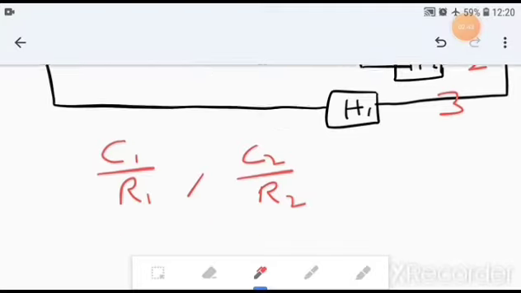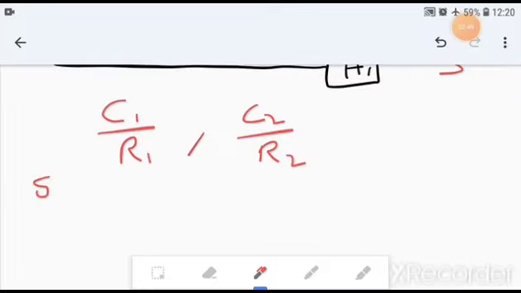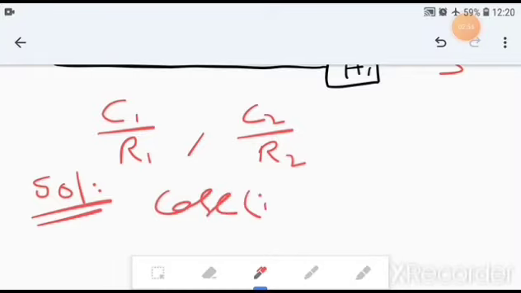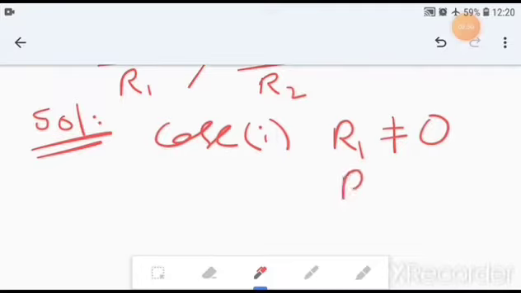These two we have to calculate. So two cases will be considered in the solution. In the first case we consider R1 input not equal to 0, and R2 input will be considered as 0. That is like the superposition theorem, where one input is considered at a time. So in case 1, R1 is not equal to 0 and R2 equals 0.